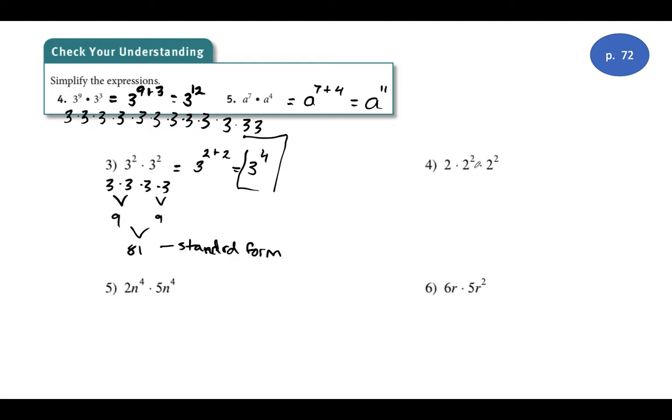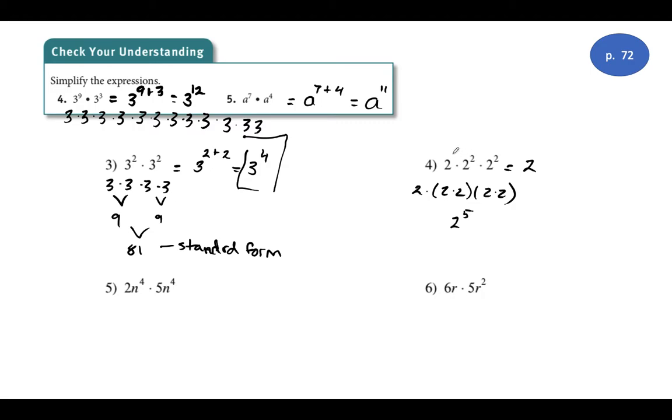All right, so 2 times 2 squared times 2 squared. If I wrote this out as factors, it'd be 2 times 2 times 2 times 2 times 2. And you can see there are 5 factors of 2 there. When I use my rules to add it up, I have 2 plus 2 plus, do you see how there's nothing there? It's tempting for students to just add 2 plus 2 and get 4 and miss this factor completely.